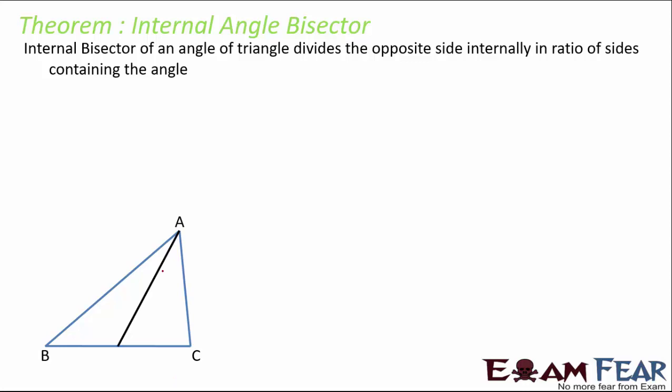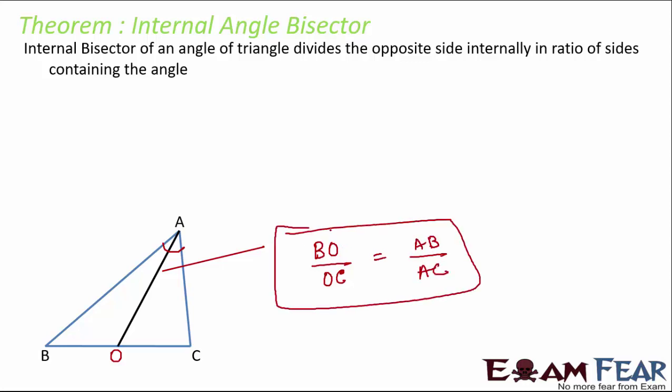Let's name this point as O. So let's say AO is the internal bisector of angle A. This theorem states that it divides the opposite side internally in the ratio of the sides containing the angle. That means BO by OC is equal to AB by AC. So this is the theorem of internal angle bisector.